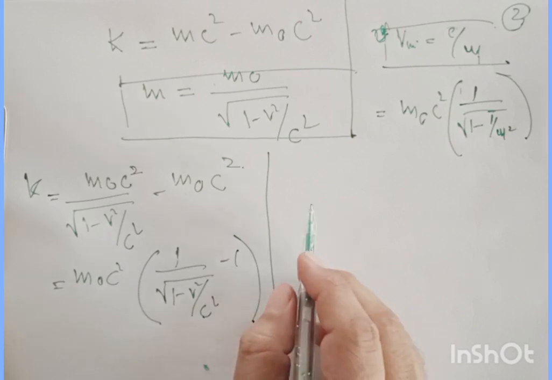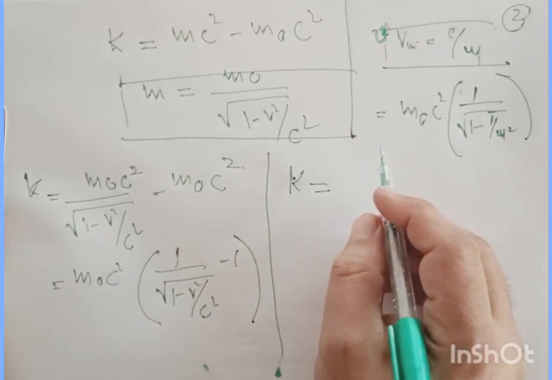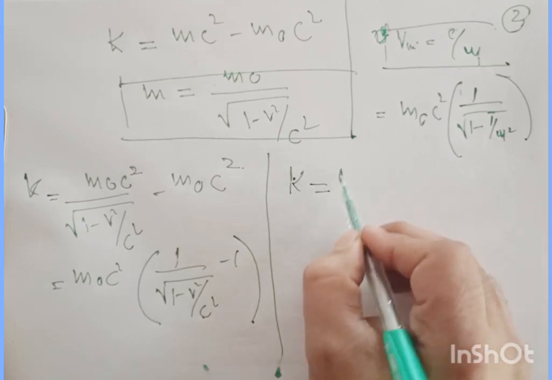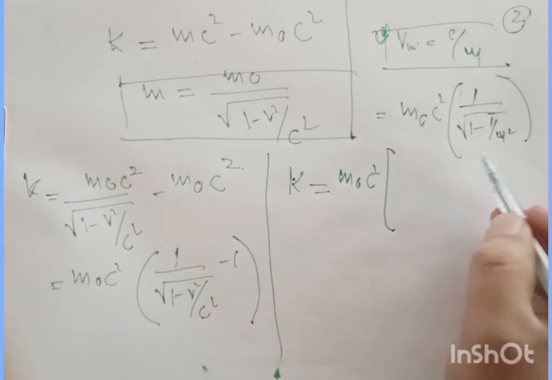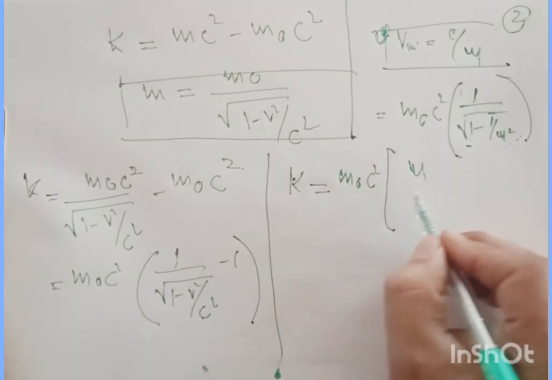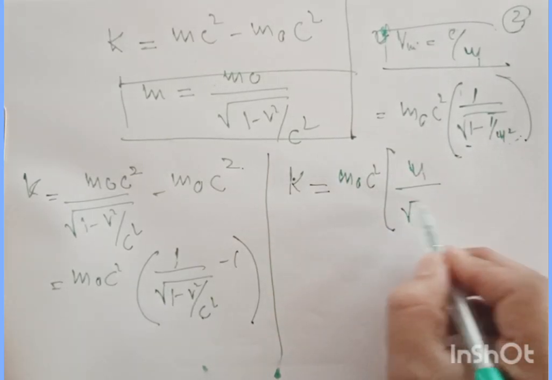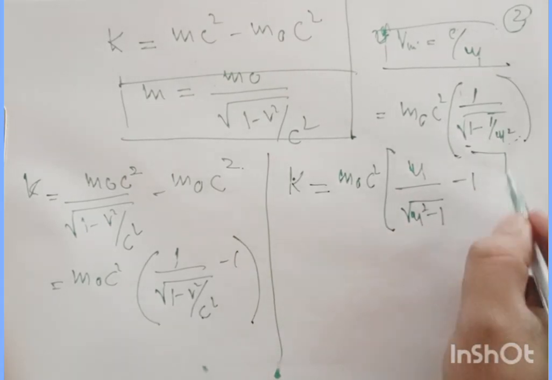So finally, this kinetic energy will be equal to m₀c² times, taking the LCM here, μ² and the square root will cancel, and μ will go up, and we will have μ divided by the square root of μ² minus 1, minus 1.